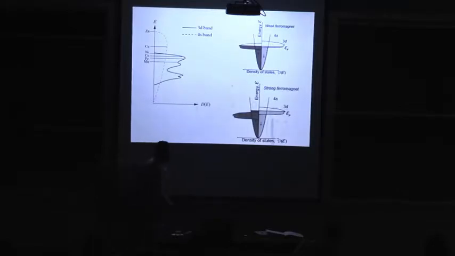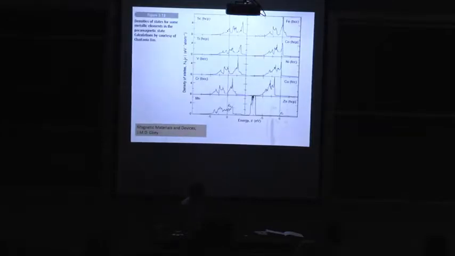Now let's look at manganese. Why is manganese ferromagnetic? Now these are real band diagrams acquired through a simulation performed in DFT by some researcher. So you have scandium, titanium, vanadium, chromium, manganese. If you observe in all of these elements, the density of states has a small value at the Fermi level.